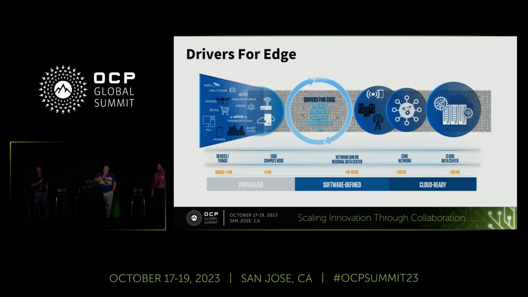So, the first question is, why? Why do we care? The reality is that as we look at the workloads coming about, regardless of what they are, there's been a lot of talk, and this year's theme has been a lot of AI conversations. These workloads are going to be so intensive from a bandwidth and latency perspective that the applications are going to have to move to the edge.